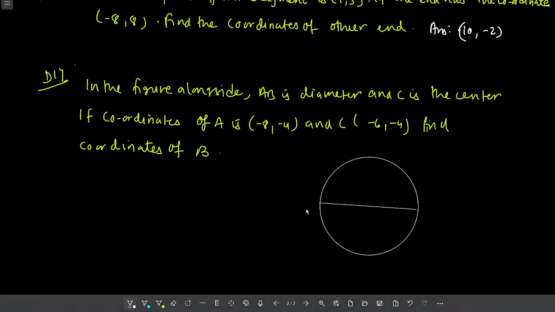This is the circle, and this is A, and this is B. This one is the center, C. AB is diameter.